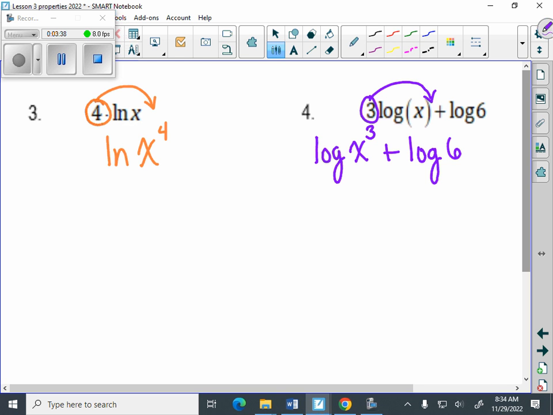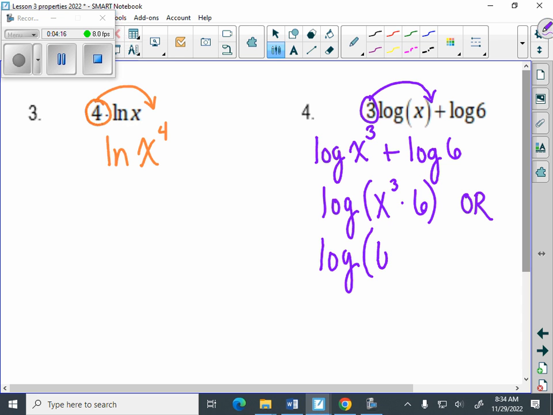But now that we've got the plus in this problem, we also have to use the product property of logarithms. Plus indicates to us that we can rewrite this problem as x cubed times 6, and I am fine with that answer, but oftentimes it's more acceptable if you have the number as the coefficient. So this is going to be log 6x cubed.